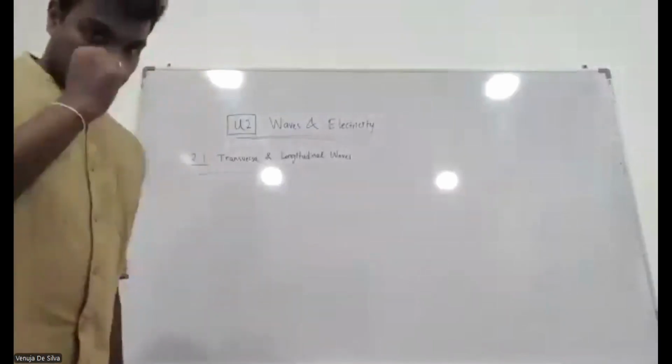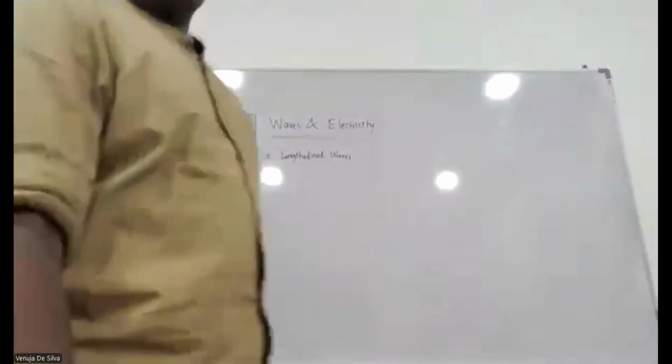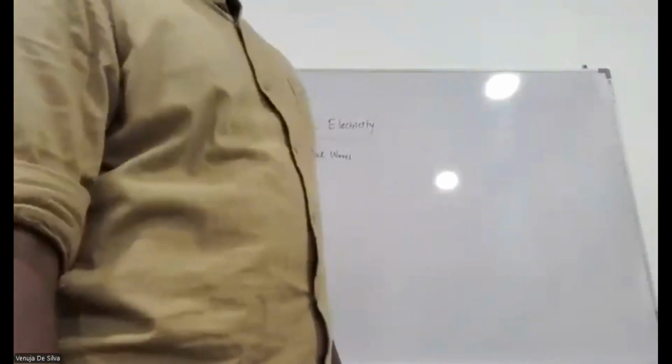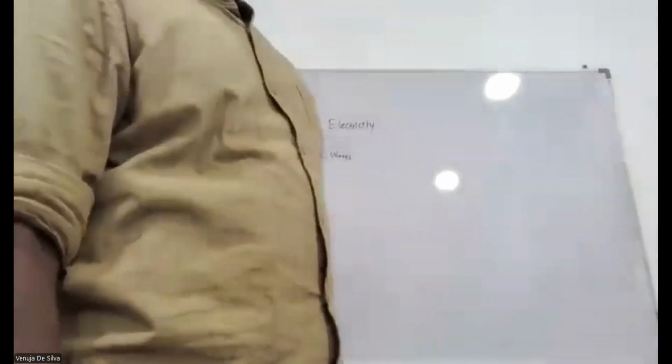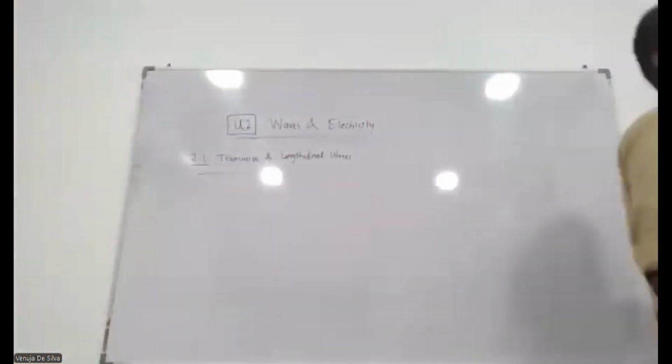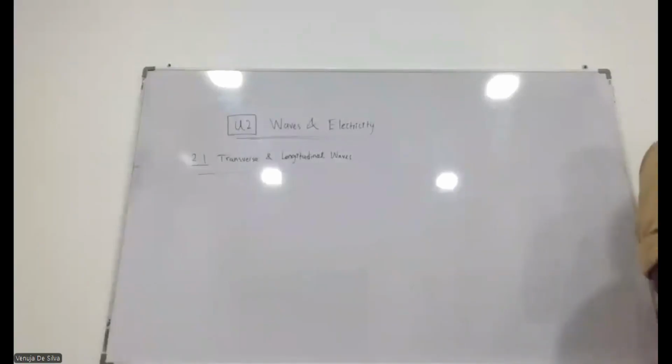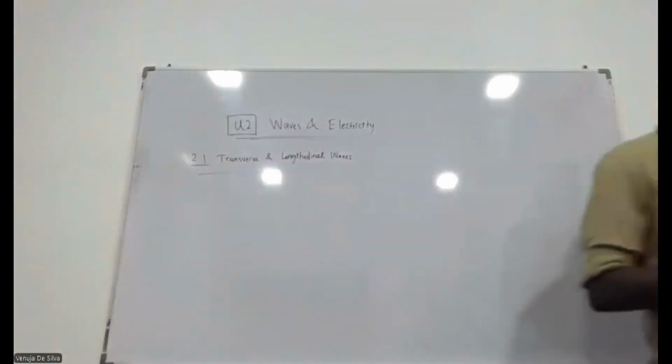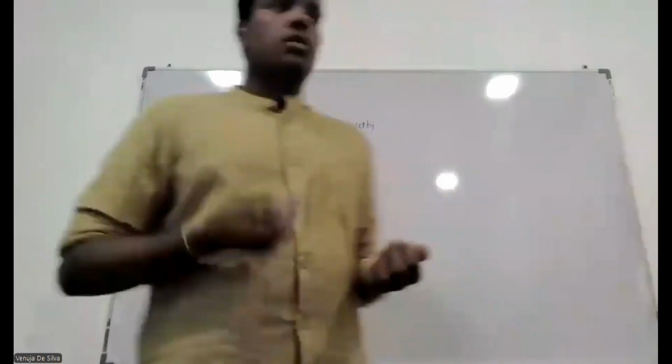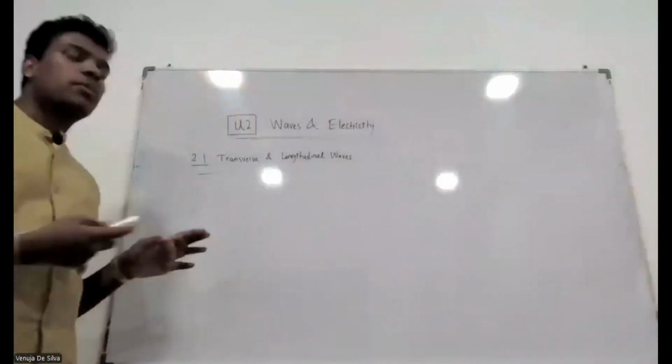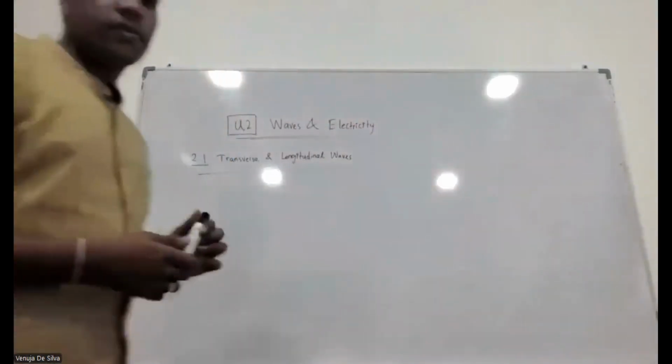Now, under this unit, that's what we'll be discussing. Under transverse and longitudinal waves, you have to understand the properties of these waves. What are the common properties of waves? What are the properties that you know of waves?